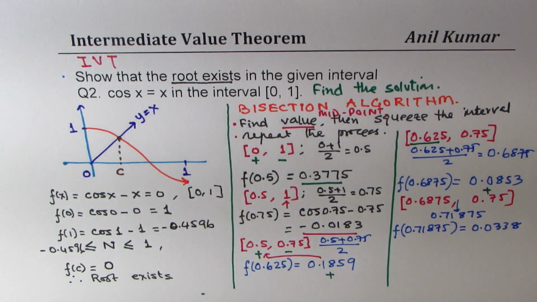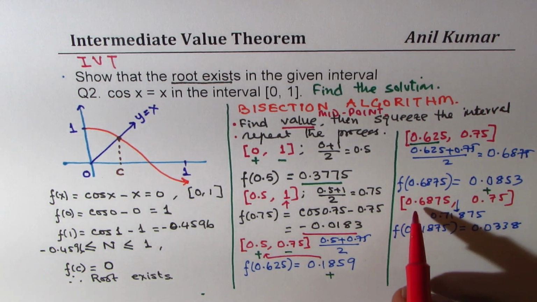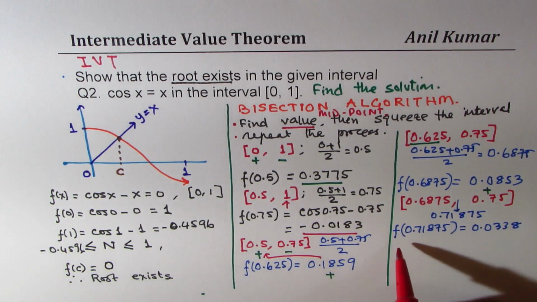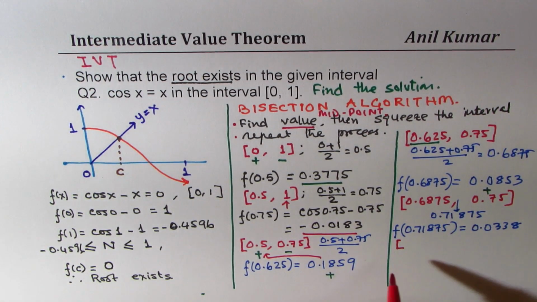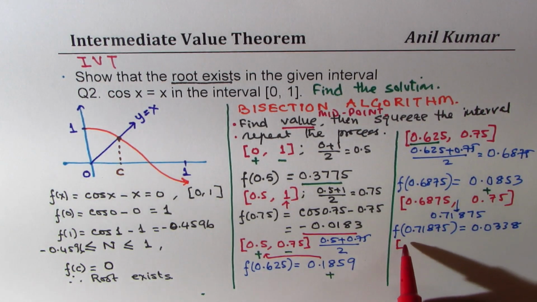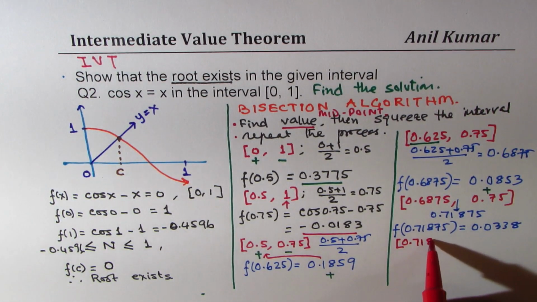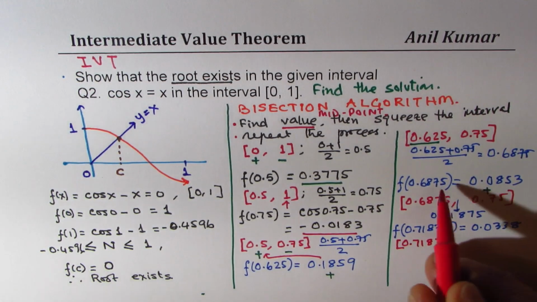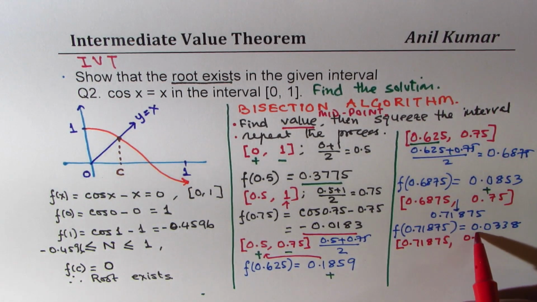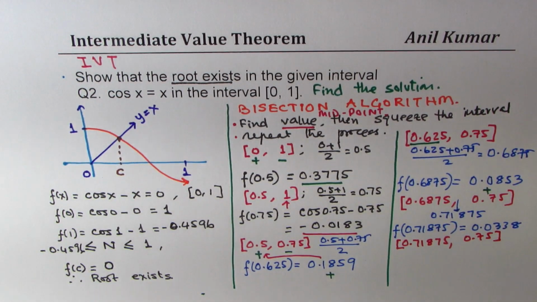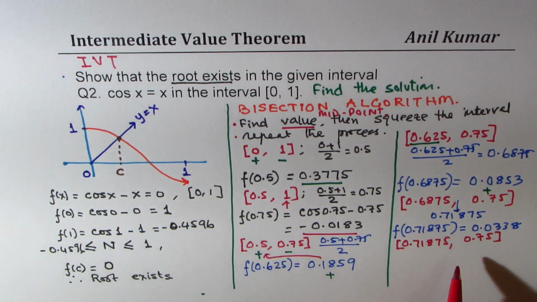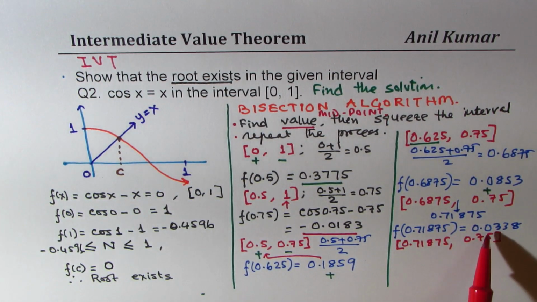So now, since this is positive once again, we are going to replace this value, right? So the value which was giving us positive will be replaced by 0.71875. And we have a value here which is 0.75. So in between, we could expect a value which is very, very close to 0, right?